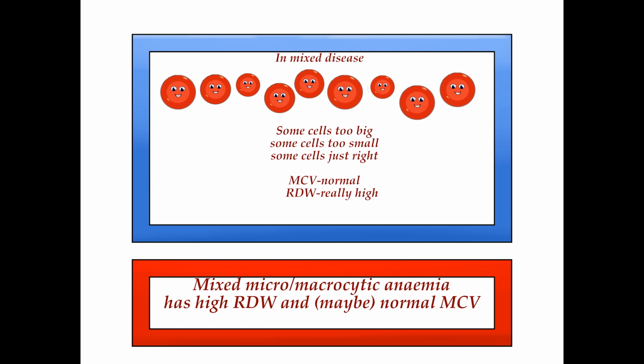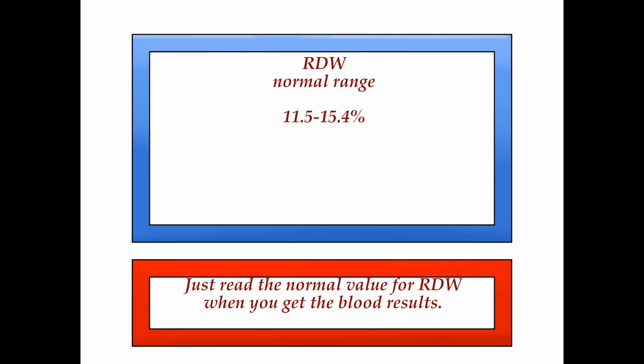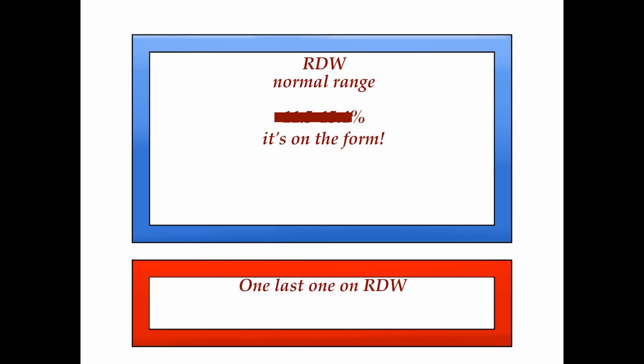So normally you get a change in MCV to match microcytic or macrocytic anemia, but in a mixed disease you'll get a normal MCV but high RDW. Normal value is 11.5 to 15.4%, but don't remember this, just look at it on the form when you get your blood results back. One last one for RDW is thalassemia.